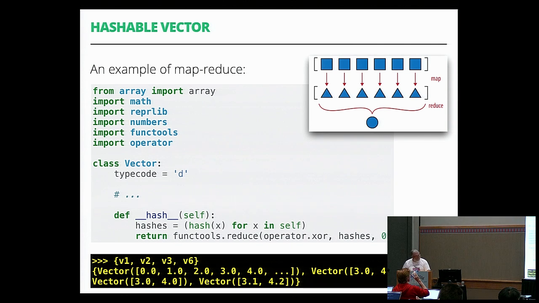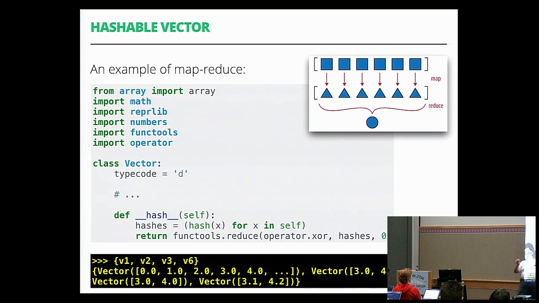Anyway, so basically what the reduce function does is, it takes a function as an argument, and then the second argument is some iterable, and the third argument, which is actually optional, is the initial value. In this case, it's necessary, because the initial value by default is None, and it doesn't help us here. So in our case, it takes the first of the hashes that we just computed and xors it with 0.